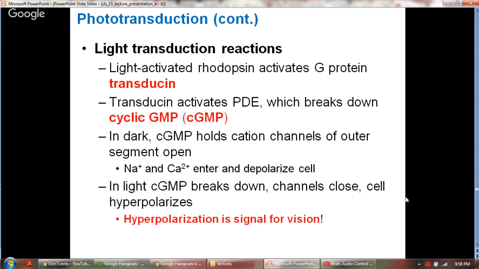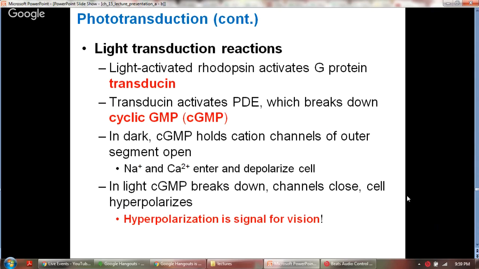During the light transduction reactions, light-activated rhodopsin activates the G protein transducin, and this transducin activates a second messenger process. It's G protein coupled, as you would see. The transducin activates PDE, which then breaks down cyclic GMP, the second messenger.